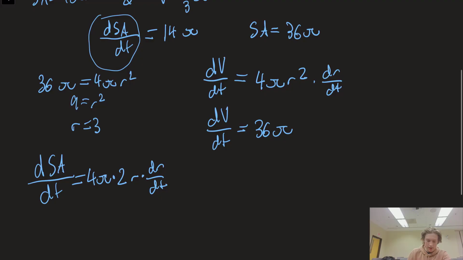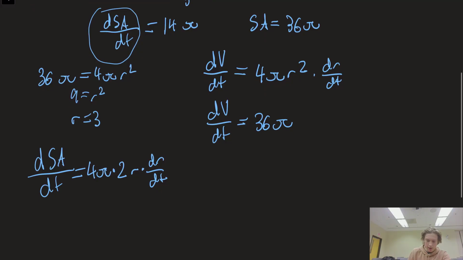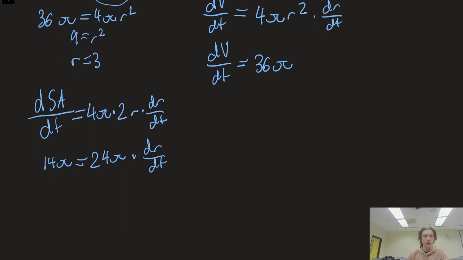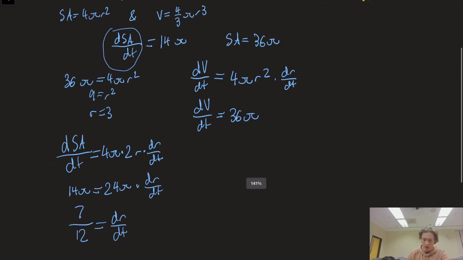Since we know dS/dt is equal to 14 pi, and r is equal to 3, we get 3 times 2 is 6, and 6 times 4 is 24, so we get 24 pi times dr/dt. And dividing from both sides, we get 7 over 12 is equal to dr/dt.